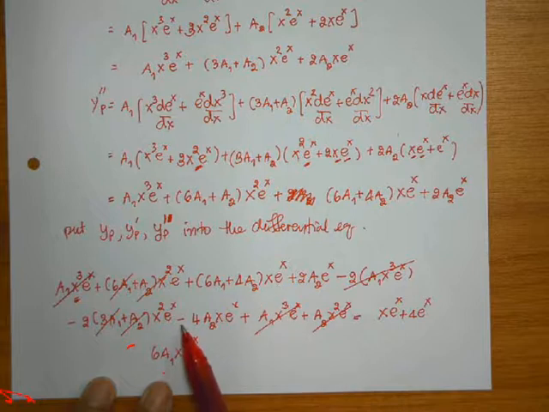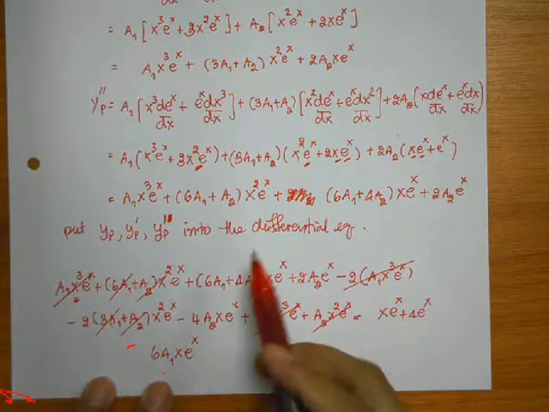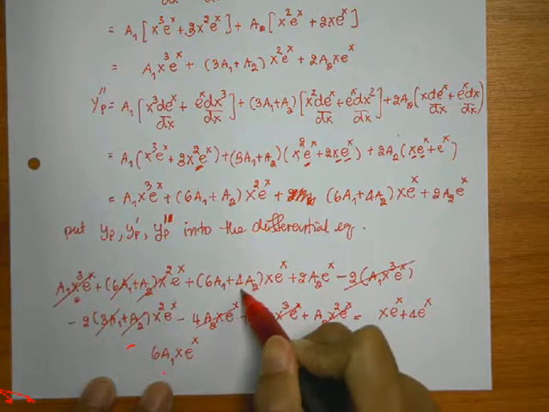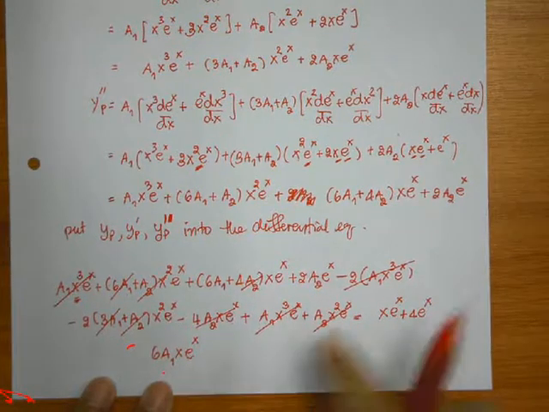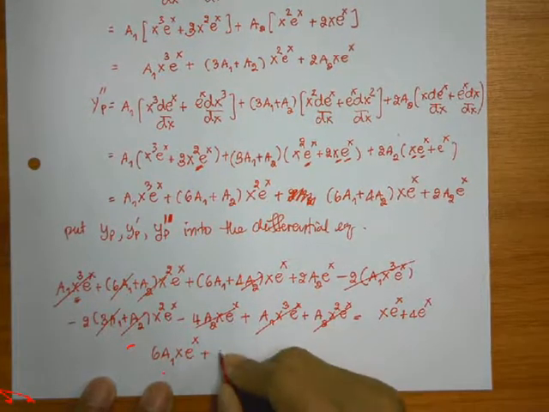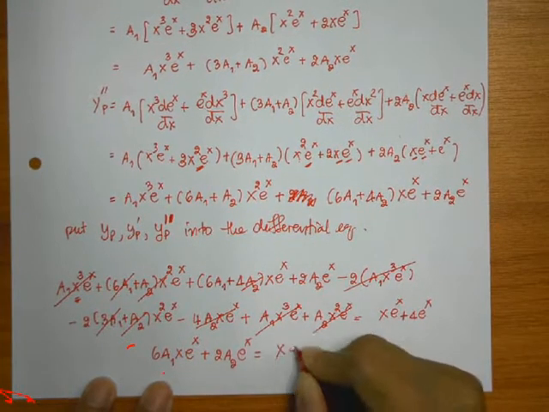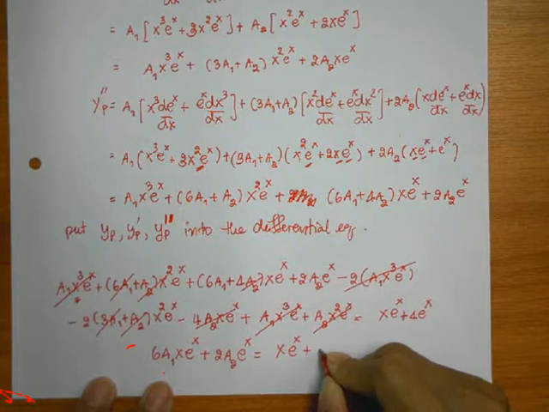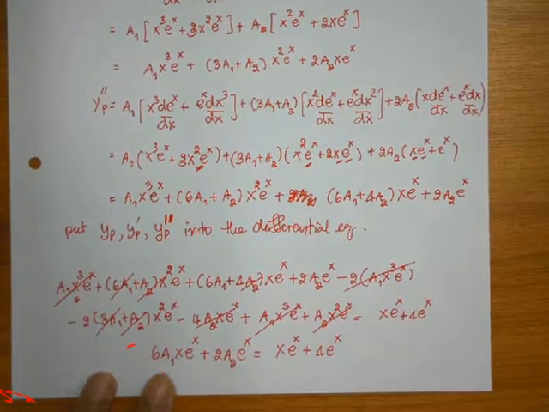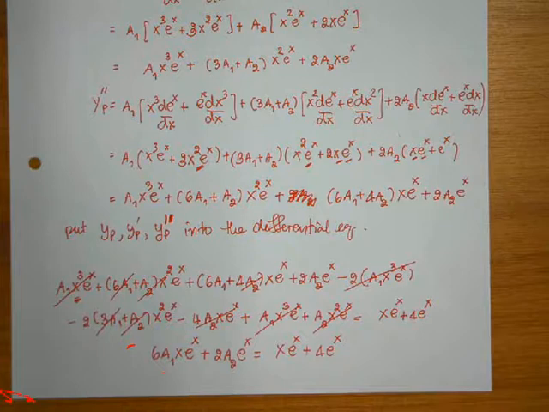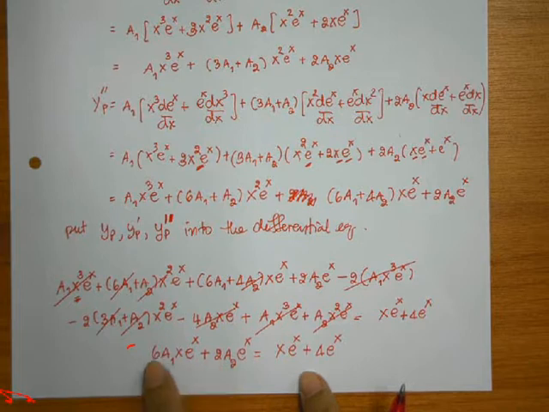We have minus 4a2x times exponential of x here. So this term and this term cancel out. Now you have this one left, which is 2a2 exponential of x, equal to x times exponential of x plus 4 exponential of x. It's a long equation, but lots of terms are cancelled out. So you left only two terms at the end.